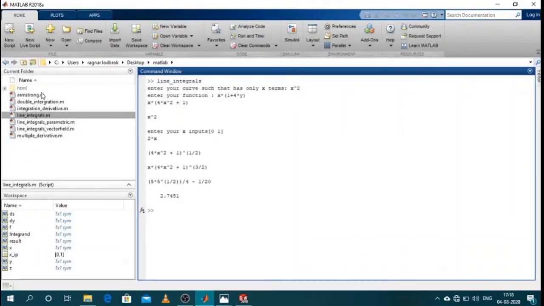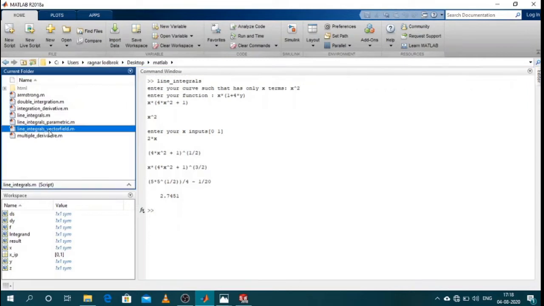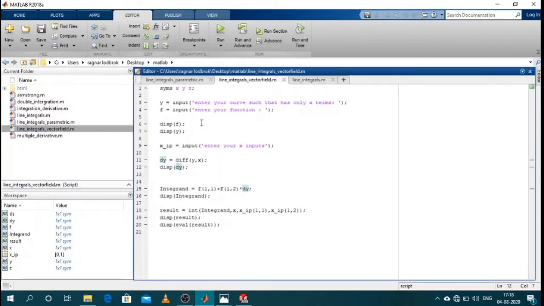Here is a small code to verify this as well. The code is simple and similar to the previous one, where you first enter your curve in terms of x, and then you enter your function. Here you enter the function in terms of x, y, and z, in the form of a vector, and similarly you input x in vector format.